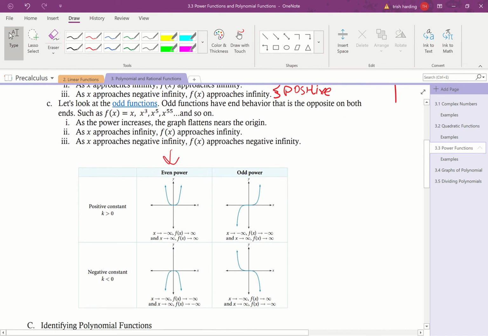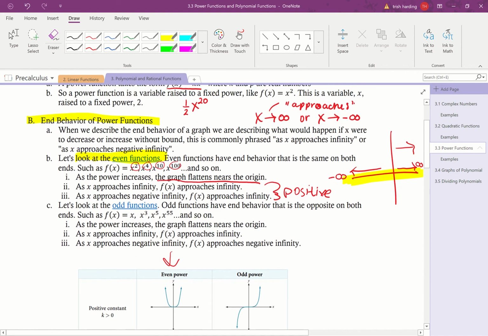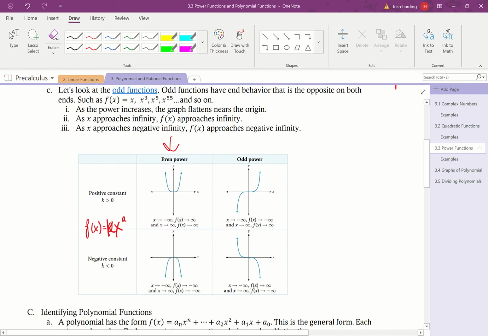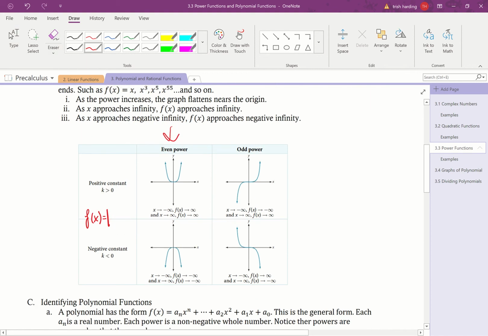Notice from our graph down here, if we had f of x equals k x to the p, we were using p, k x to the p. So notice that when this is negative, it does actually flip over this x-axis. So that's what we were looking at.